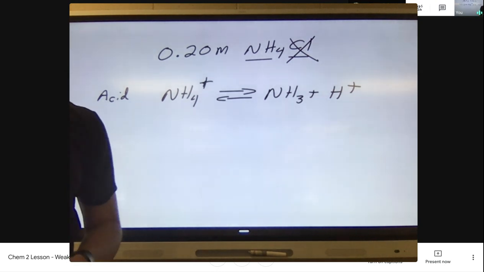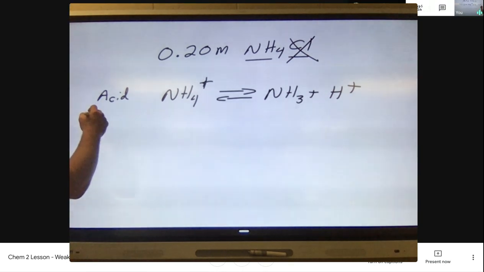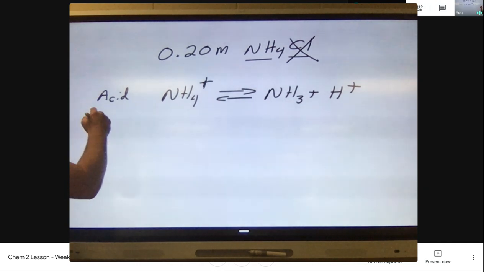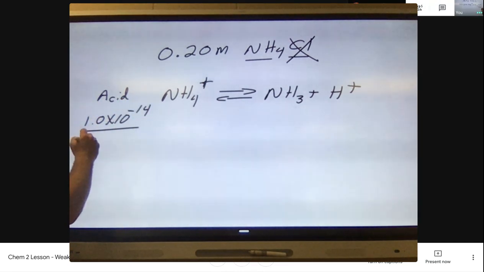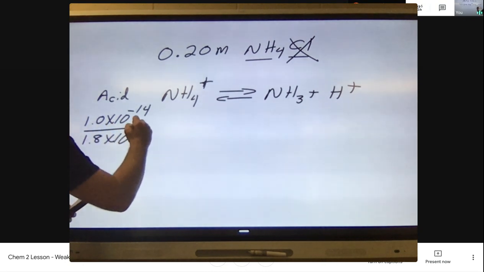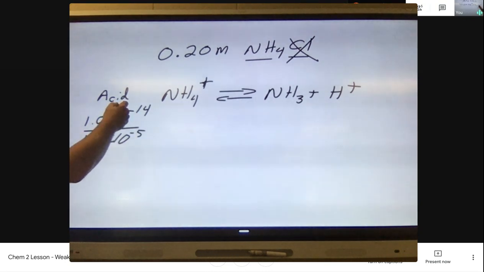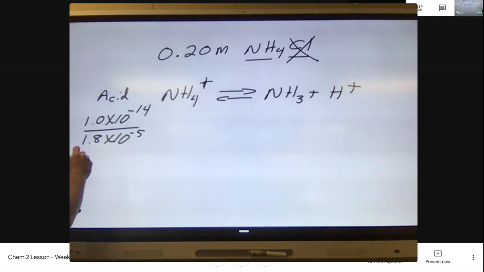So what I would have to do is look at the Kb for NH3. And I would divide the Kw by the Kb, I think it's 5.6 times 10 to the negative 10th, I believe.